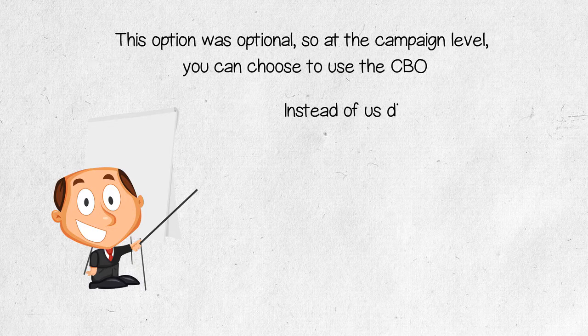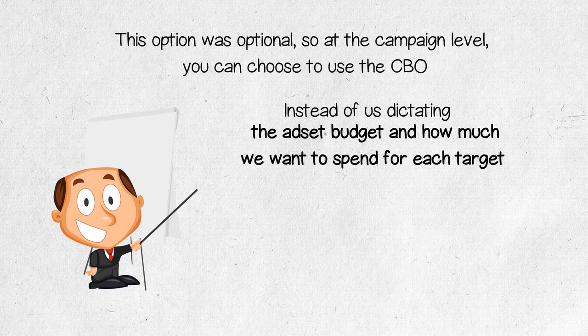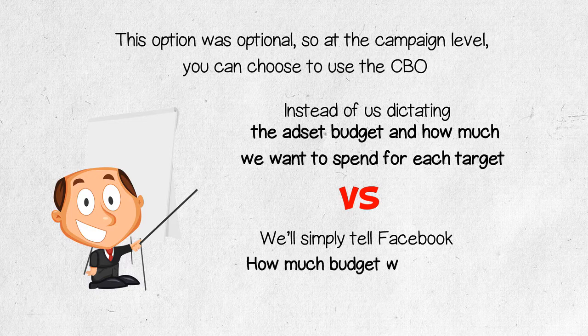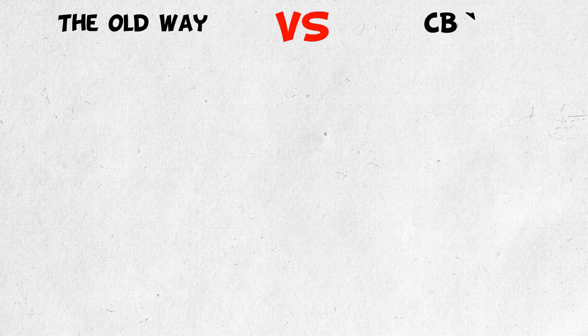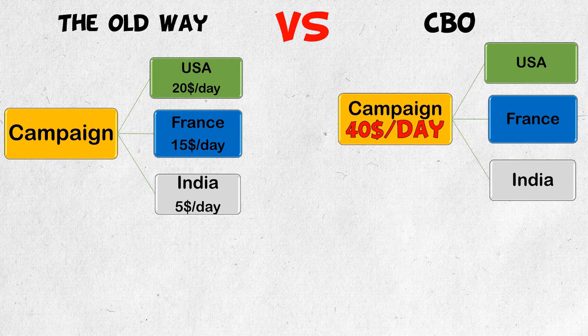This means that instead of us dedicating the ad set budget and how much we want to spend for each target, we'll simply tell Facebook how much budget we have for the entire campaign, and the algorithm will distribute it as it sees fit. So let's go back to our first example. If you choose to run the campaign using CBO, instead of telling Facebook to allocate $20 for USA, $15 for France, and $5 for India, you would assign a budget of $40 for the whole campaign.